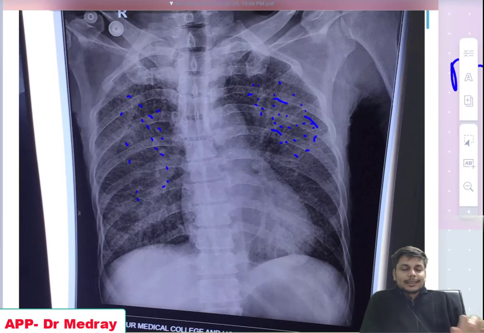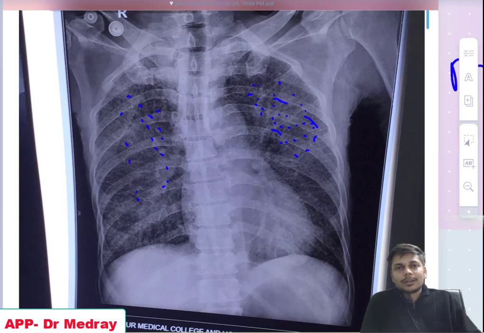So you have to mention that this X-ray is showing small, discrete, well-defined nodules of 1 to 5 millimeter, which are dispersed bilaterally, symmetrically in all the lung zones.